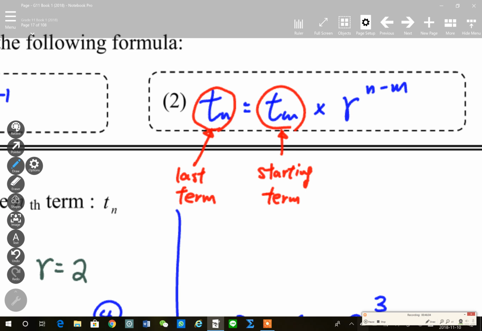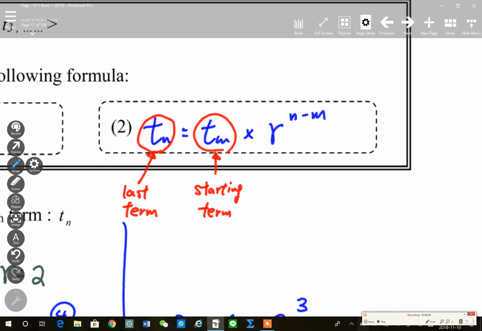R, John, what's R? Yes, okay. Everybody should know the R, so I'm not writing that. What's the n? Last place. We're using the word place. And m is the starting place.